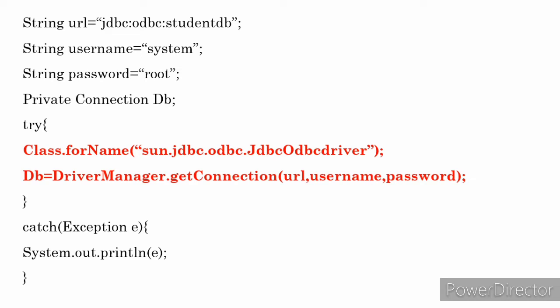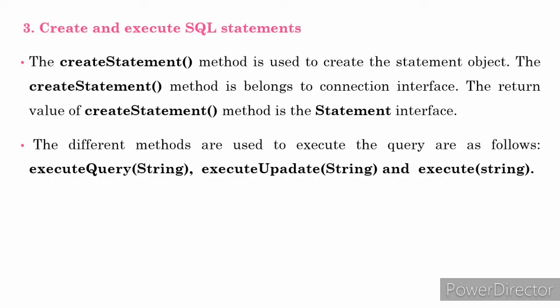Next we have to create and execute the SQL statement. After the JDBC driver is loaded and the connection is made successfully with the database, the database is managed by the DBMS and it is used to send the SQL queries to the DBMS for processing. To create the statements, we will use the createStatement method, which is used to create the Statement object.